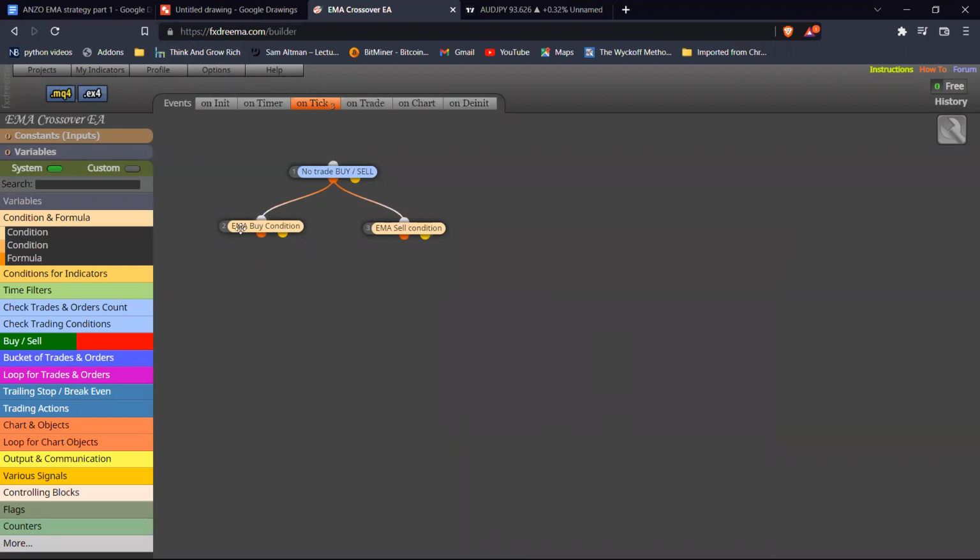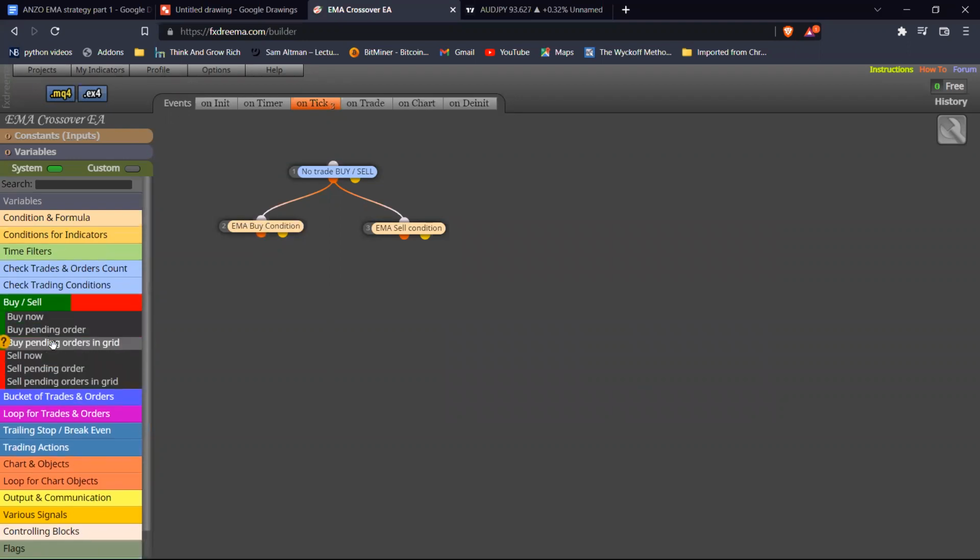So if the 5-period moving average is crossing above, we're looking to buy now. And if it is crossing below, we're looking to sell now. So you can just click this, drag and drop. And here you have it. We have a very simple first step of the EA done.